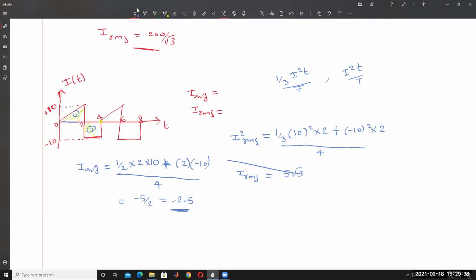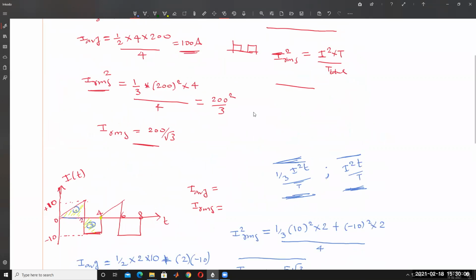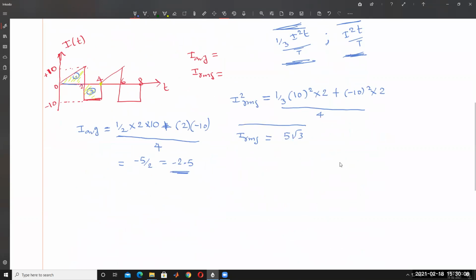So in this way, you have to find I RMS and I average. For triangular or sawtooth, 1 by 3 of I squared into T divided by T. For square type waveforms, I squared into T by T. Simply by using these formulas, you will get the answers for any type of waveforms.